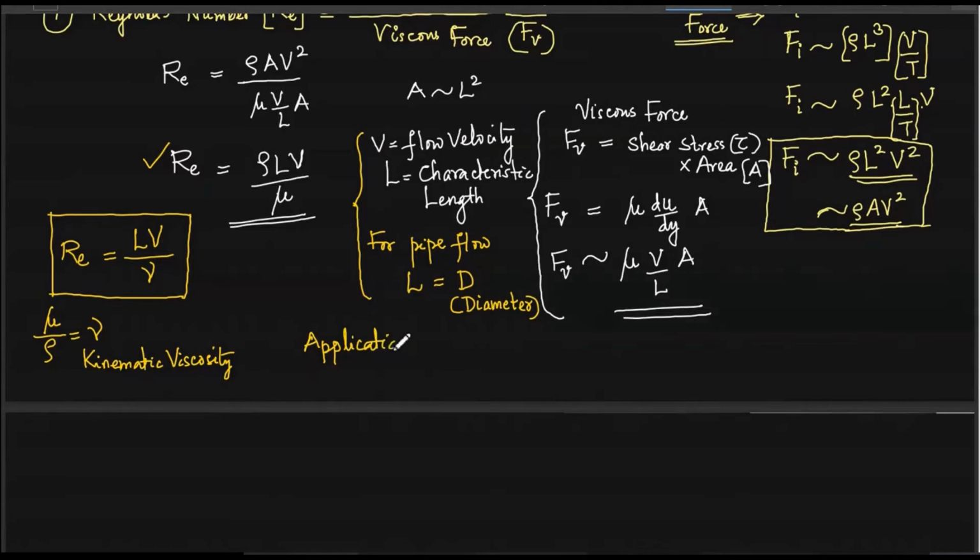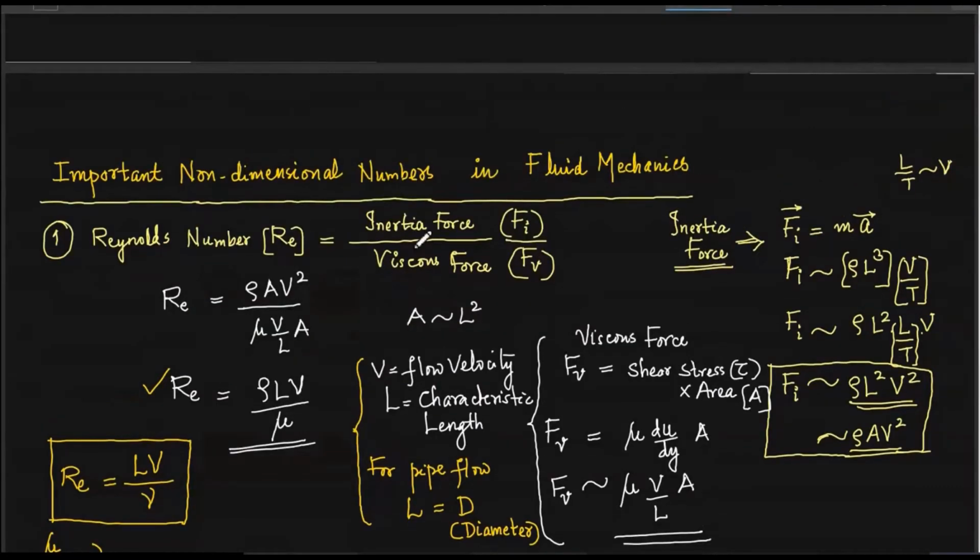A very important application: to identify the nature of flow, we will make use of it. It is the ratio of inertia force to viscous force. Inertia force is an attribute of any type of flow, but viscous force is in the denominator.